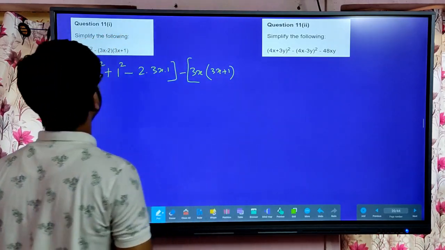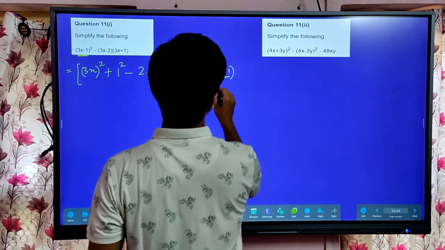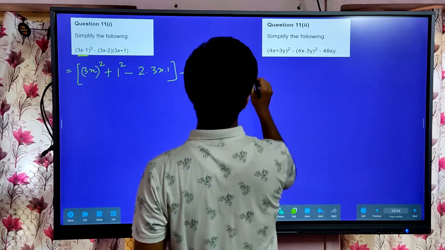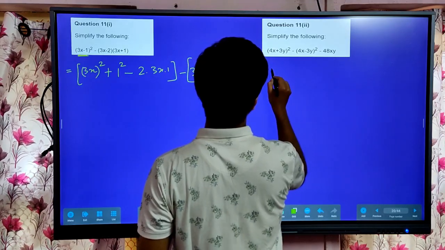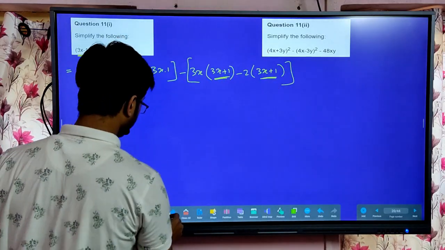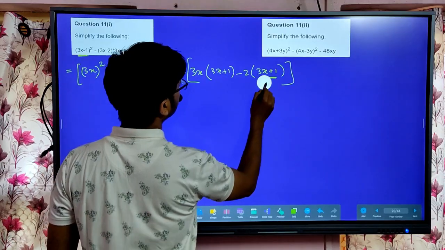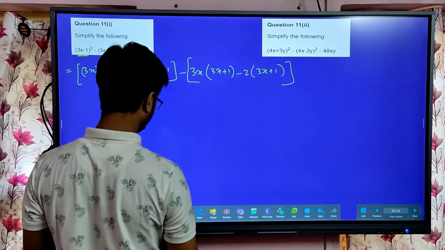Okay, and then again minus 2 multiplied by, again this will be same, minus 2 into 3x plus 1. Understood? This portion will be same.